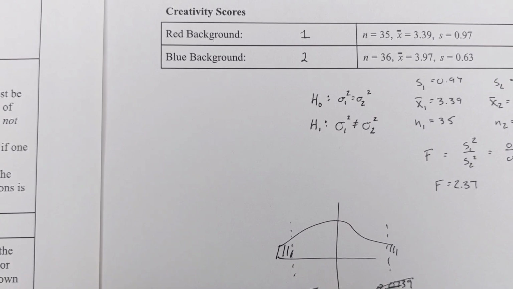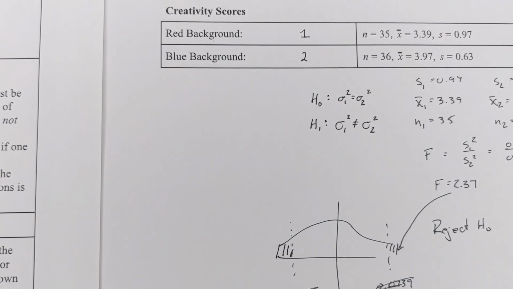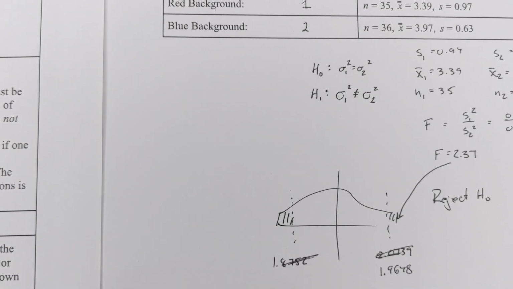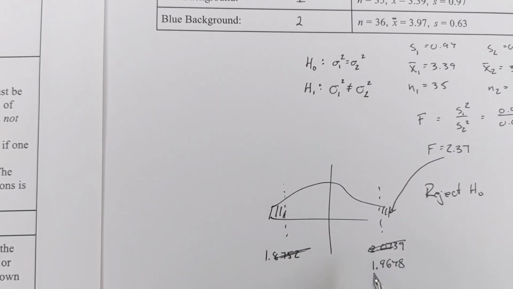If we look up the table, that's the actual value. 2.37 is more than that, so we reject H0. It is likely that there is a difference between the two variances. Our value is more than our upper one here, so we reject.